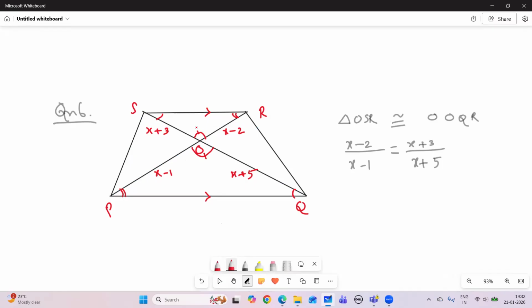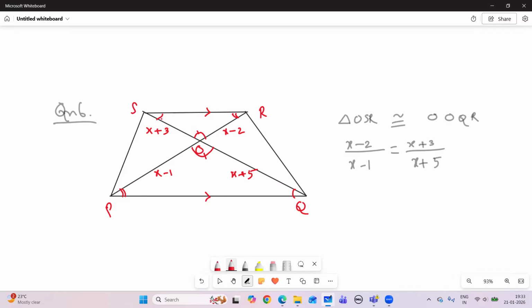Angles are equal, therefore they become similar. These three angles are equal to these three angles. So these two triangles, ORS and OPQ, are similar. Therefore, their sides will be in proportion.